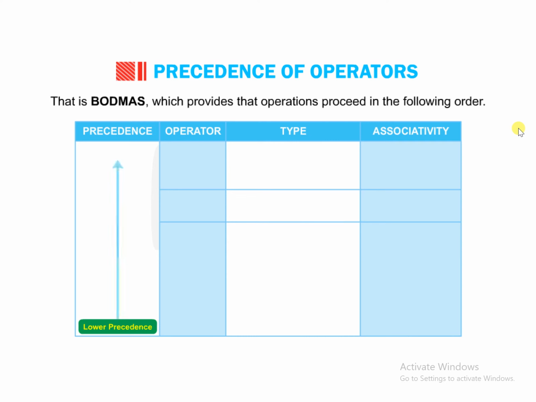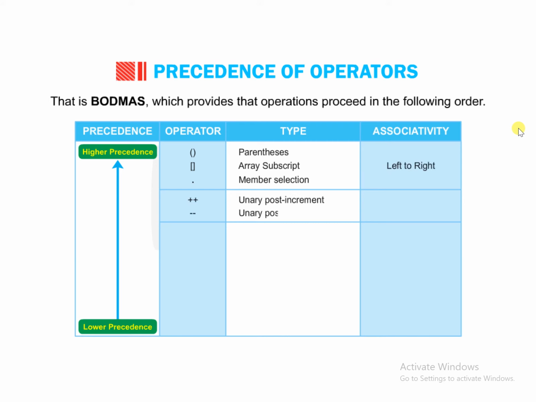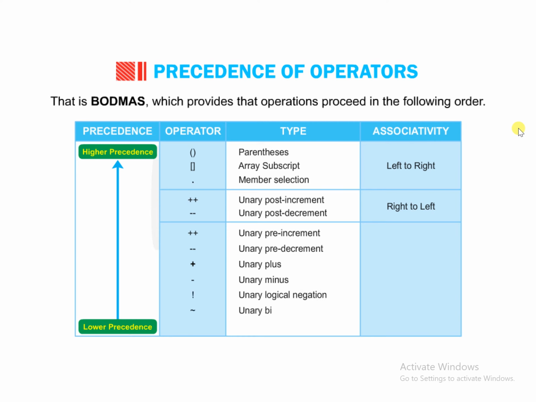Precedence from lower to higher. Operator type: parenthesis, array subscript, member selection, associativity left to right; unary post increment, unary post decrement, right to left; unary pre-increment, unary pre-decrement, unary plus, unary minus, unary logical negation, unary bitwise complement, unary typecast, right to left.